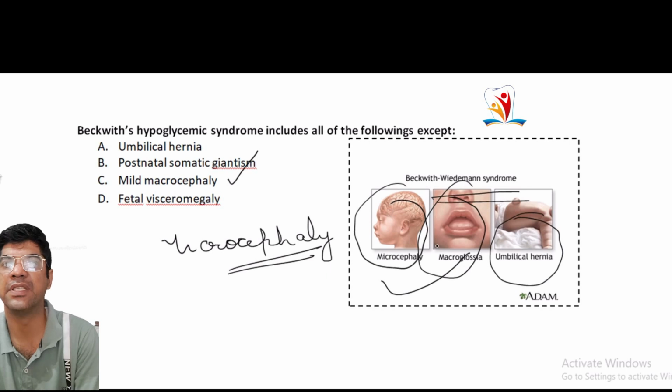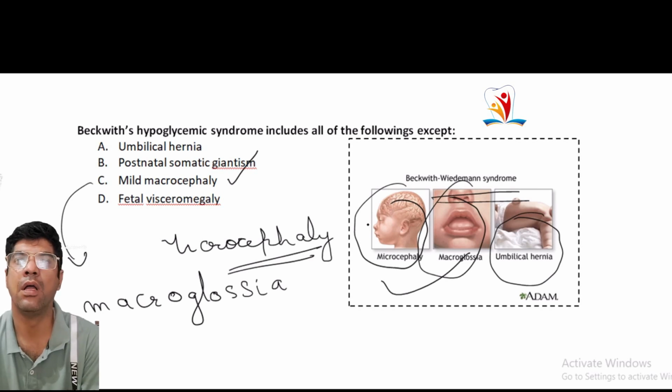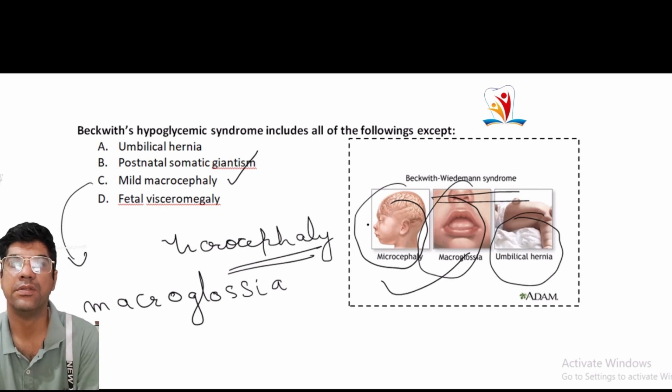So these are the features of Beckwith-Wiedemann syndrome. So your answer would be mild macrocephaly. Instead, there is macroglossia.